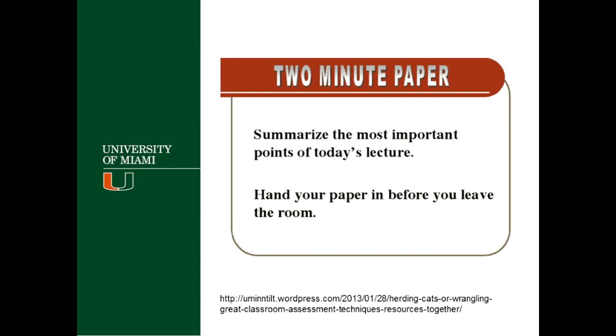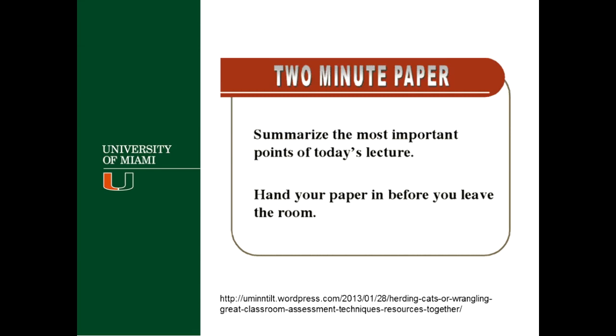You give the students 2 minutes to say what they got today out of the material, out of the activities or whatever. You look at it, no names or anything, get feedback, and try to help prepare for what you're going to do the next time. It also helps you understand, I'm communicating, what are the students receiving. So that's an assessment technique.